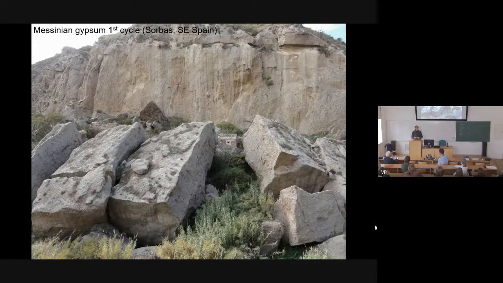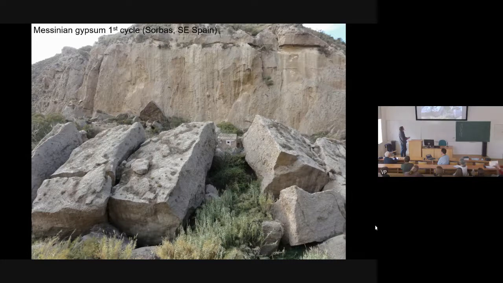Therefore, it is an event that tests the ability of the Earth, its resilience to changes in the boundary conditions. I think this should be of big interest in future research, how the Earth responds to a changing environment.